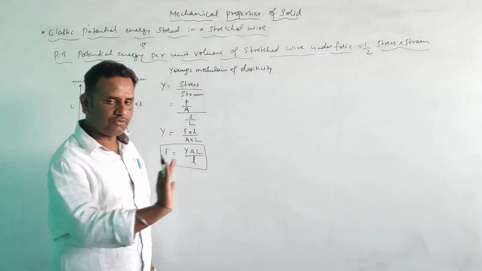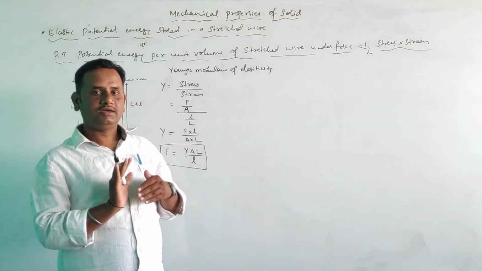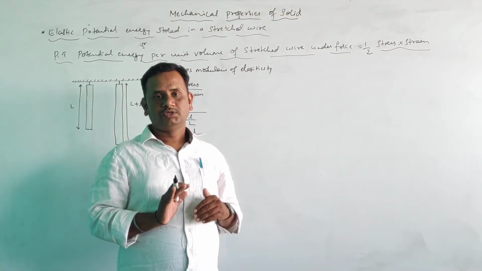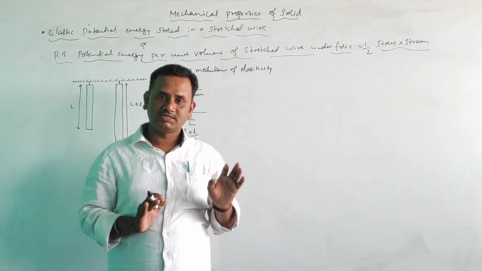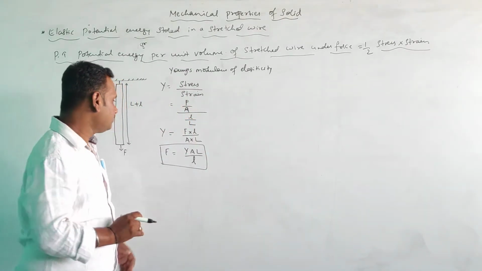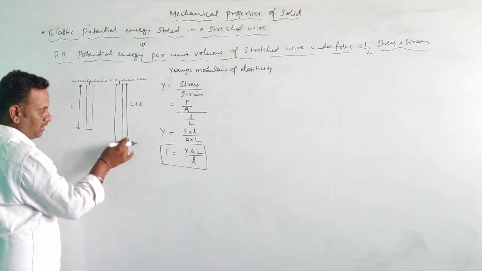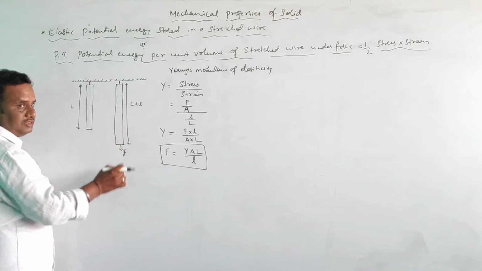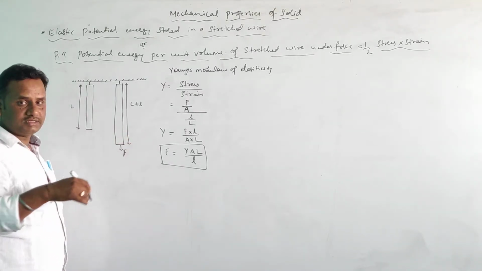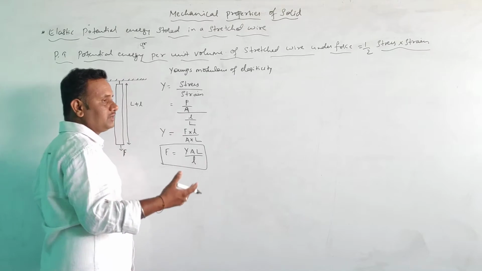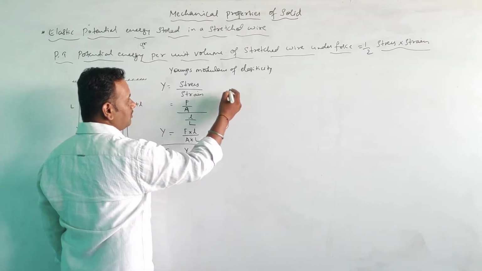When I apply some force on that wooden block, it changes its position, which means work is done. The same thing, when we apply some force on this wire, there will be a change in length. Change in length means work is done. So a small amount of work is being done here.